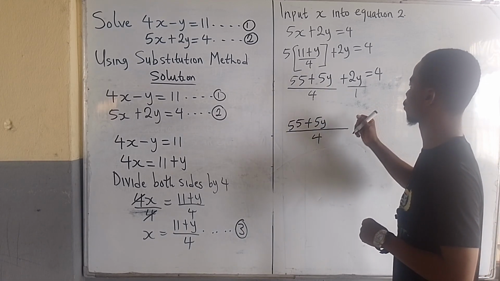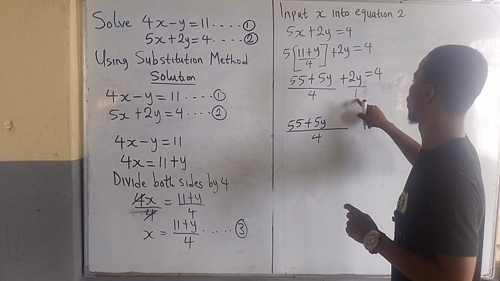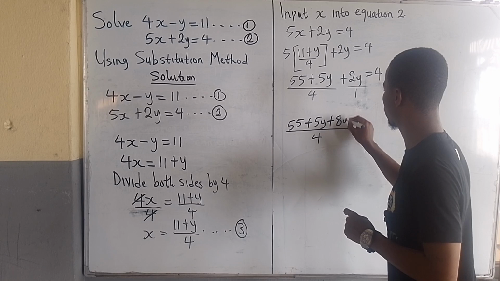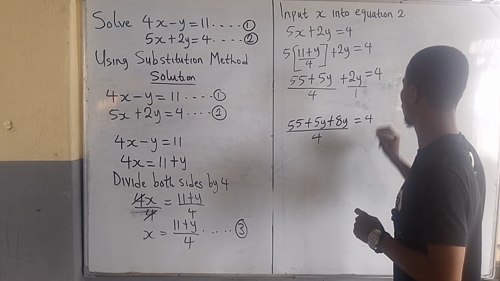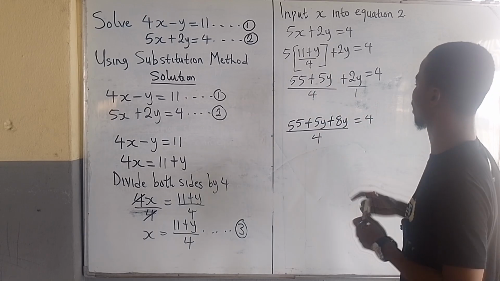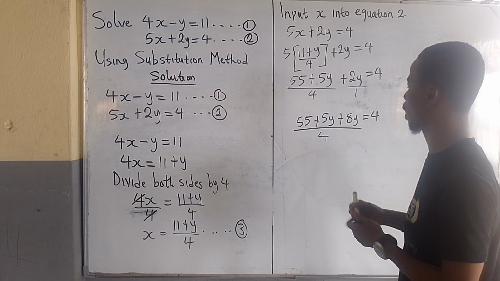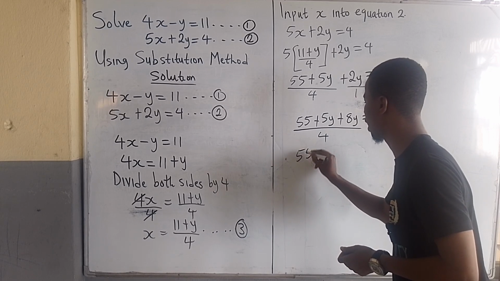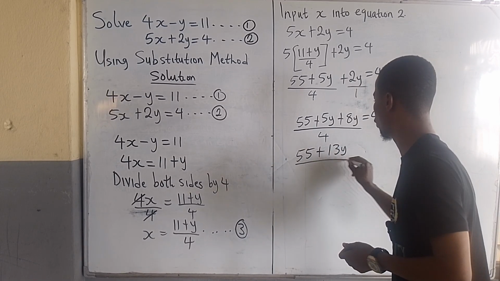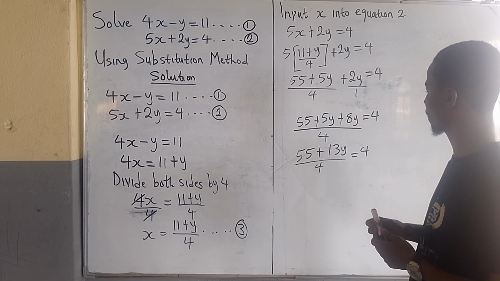Now we go to the next fraction. 4 divided by 1 is 4. 4 times 2, that's 8y, all equal to 4. Now we have successfully converted this to a single fraction. Now here we can see that we have 5y plus 8y. That's going to give us 55 plus 13y all over 4 equal to 4.